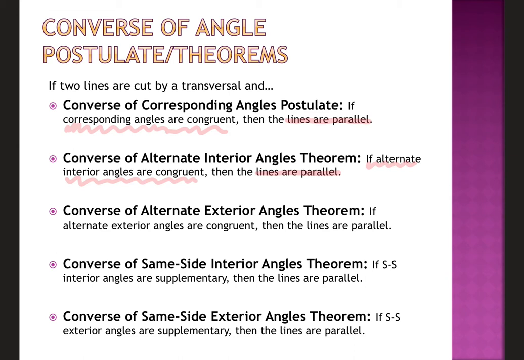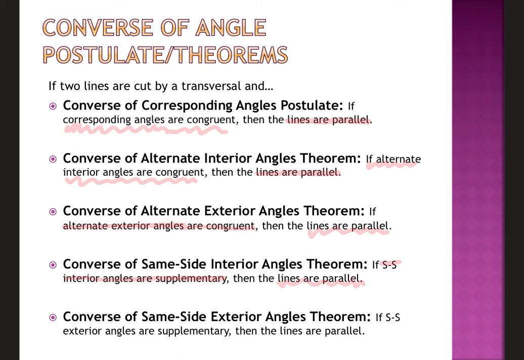If alternate exterior angles are congruent, then lines are parallel. I'll do one more. If same side interior angles are supplementary, then lines are parallel. So the pattern has been reversed because it's a converse. Instead of going from parallel lines to angles, we are now going from angles to parallel lines.